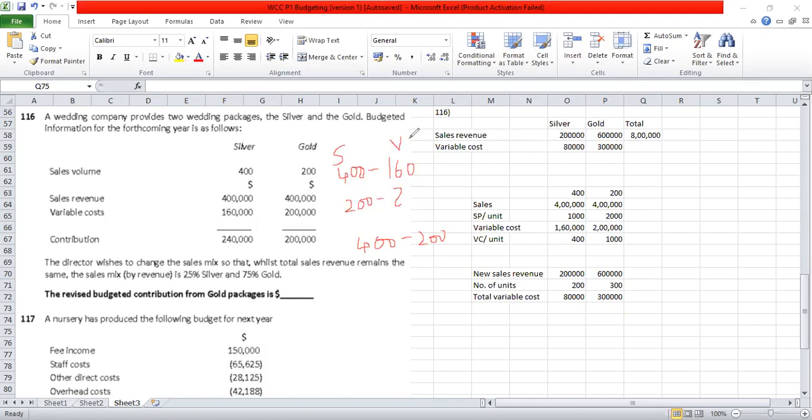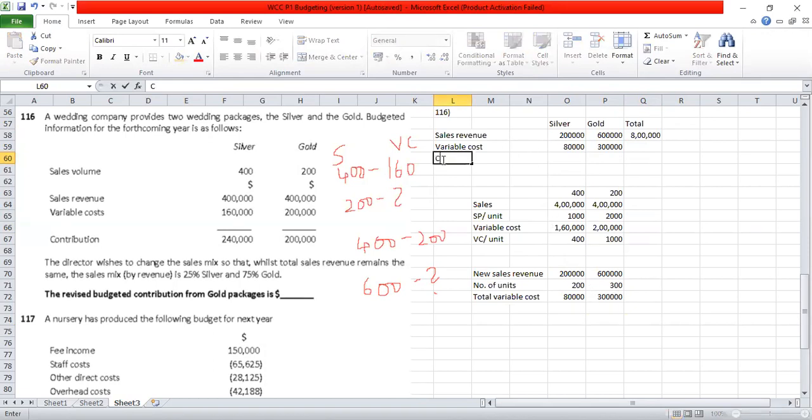If it is 400,000 sales and variable cost is 200,000, now the sales has changed to 600,000. For 600,000, how much is the variable cost? Because there are no other changes like selling price per unit, variable cost per unit, these things are not changing. Therefore, we've done it this way and then proportionately we calculated. That's the only thing. Otherwise, also we can get into the other intricacies and ultimately we arrive at that point only. The amounts are 80,000 and 300,000.